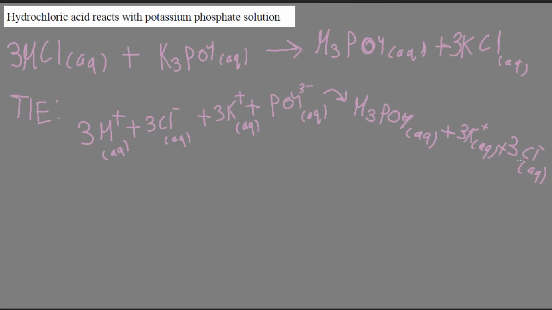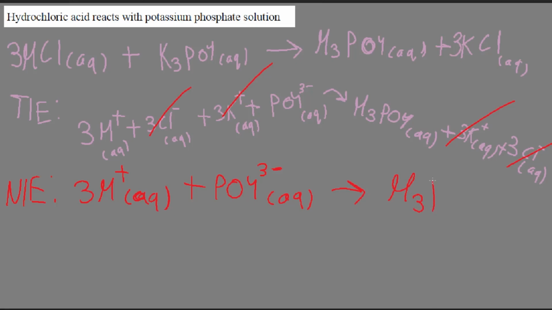Alright, so this is really bad, but let's see, what is common? Well, chloride's common. Cancel. Cancel. K is common. Cancel. Cancel. What else? Well, these are not actually common, so our final thing we can write is 3H plus, oh, this is our net ionic equation, by the way. 3 hydrogen plus aqueous plus PO4 3 minus aqueous gives us a very nice weak acid.